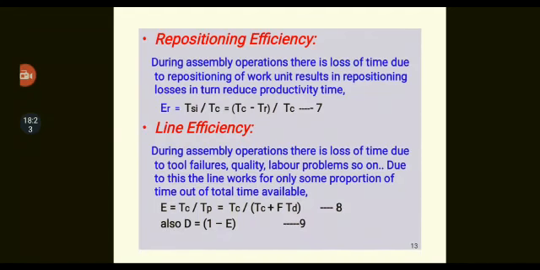Coming to the next terminology, repositioning efficiency. During assembly operation there is loss of time due to repositioning of the work unit, which results in repositioning losses and in turn reduces productive time.